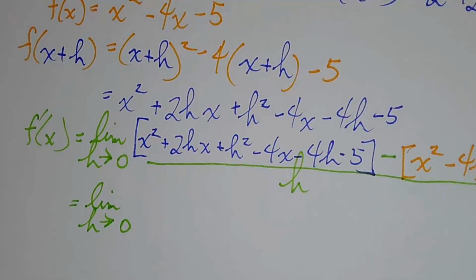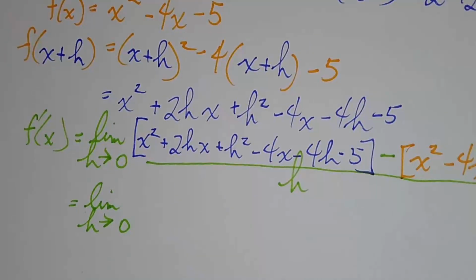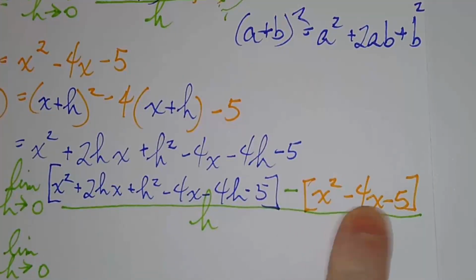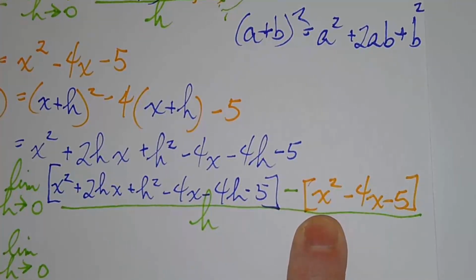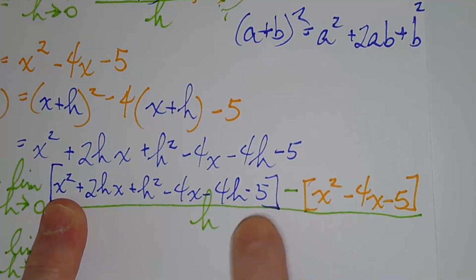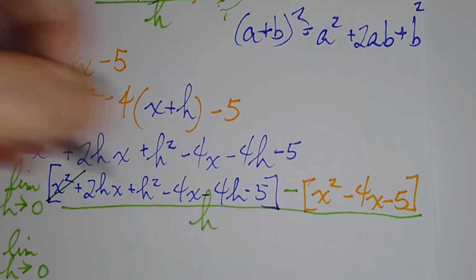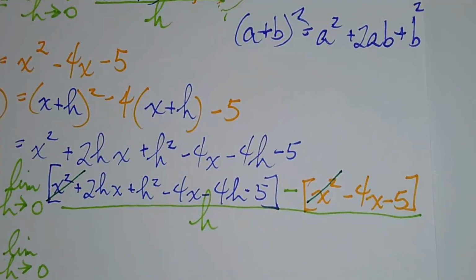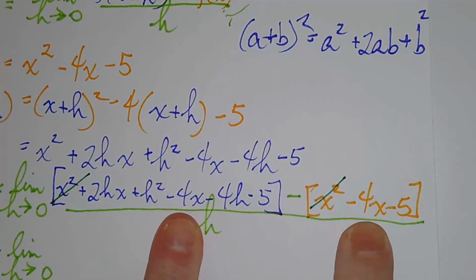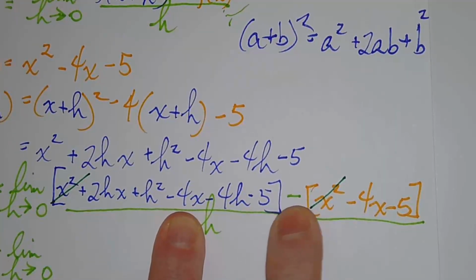Well, now let's look at the lovely things happening in the numerator. In the second part, in the f of x part, I've got an x squared, and here's an x squared, and there's a negative in between. I've got a negative 4x and another negative 4x and a negative in between.